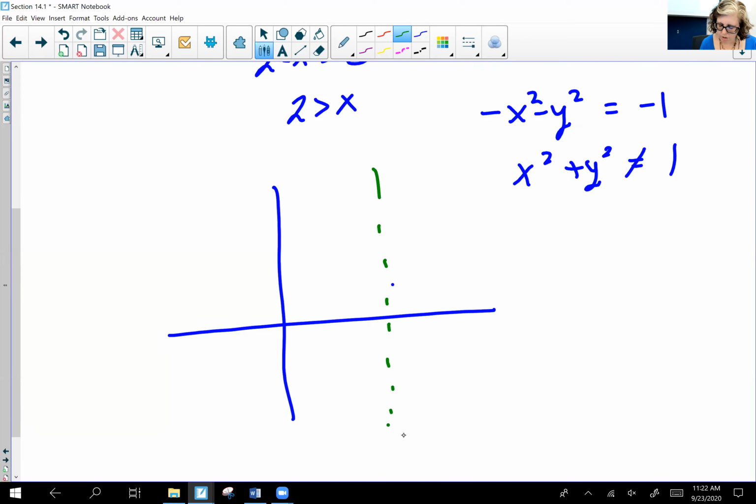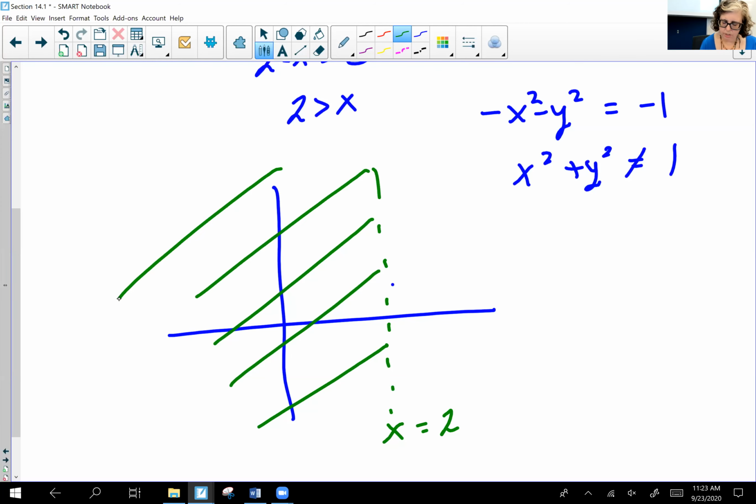So here we are at x equals 2, and we know that we have to be less than that. So we're going to be everything less than this, but we're going to have a circle, and let's not make it a solid line. There's going to be a circle in here where the numbers cannot work.